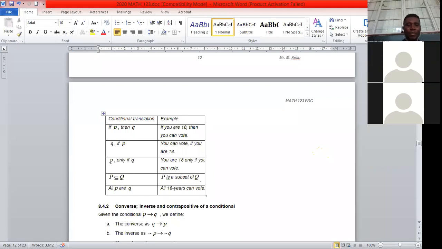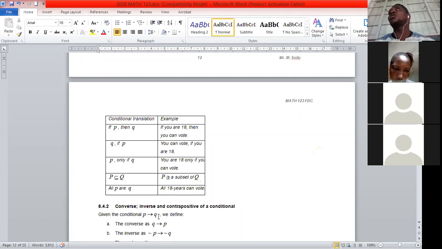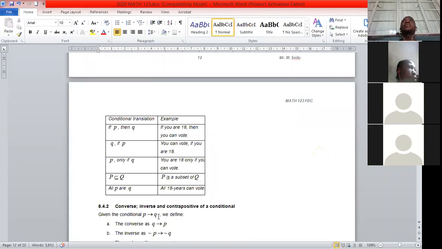And P, only if Q, is also a conditional statement. All of them can be represented using this symbol, that is, P implies Q. Now, what I'm teaching today is how do I write the negation of a conditional, or the converse, the contrapositive, and the inverse of a conditional statement.